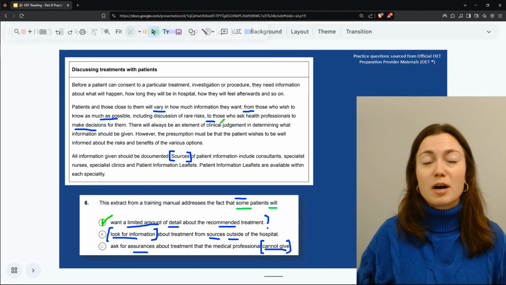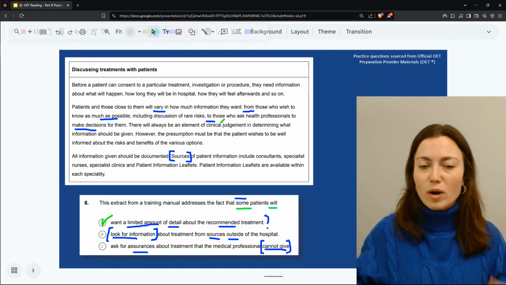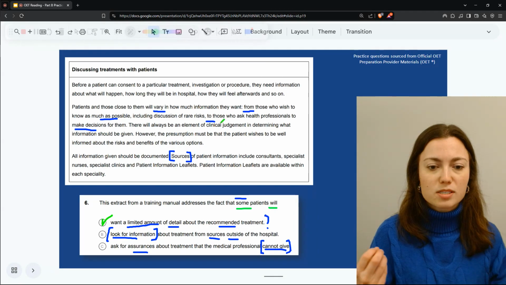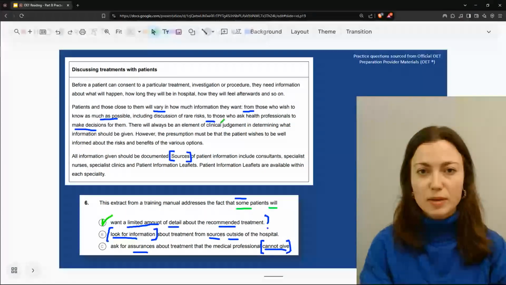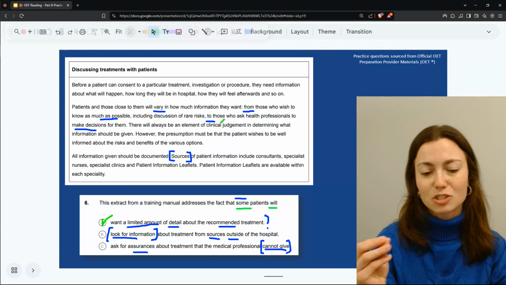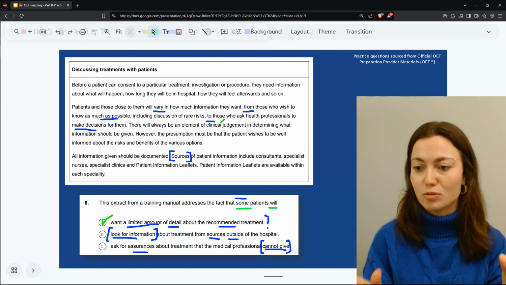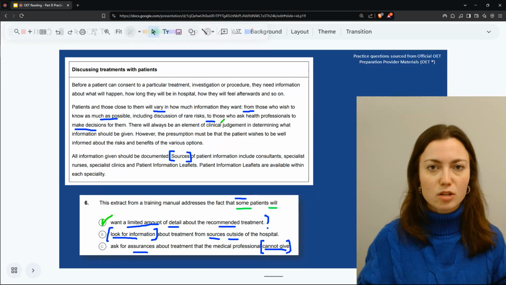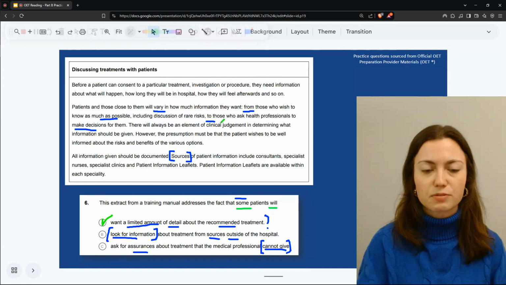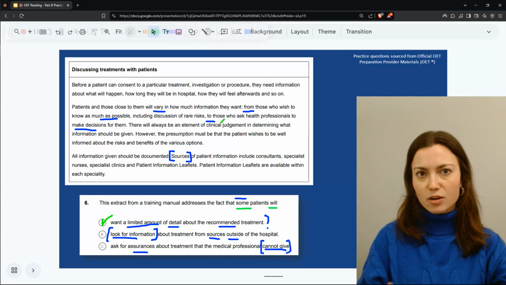Just to repeat or emphasize, what sort of strategies are we seeing? So we're seeing a lot of the time the options, there's aspects of all of them in the text, but there's usually criteria that excludes some of the options over the other. We're seeing a lot of synonymous language, paraphrasing. We're also seeing category and example.